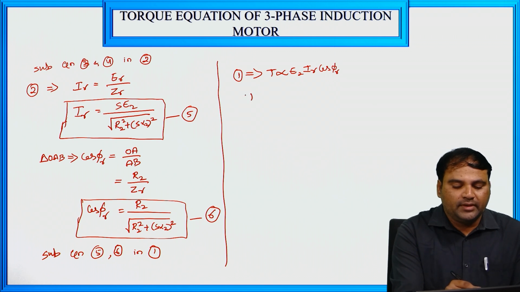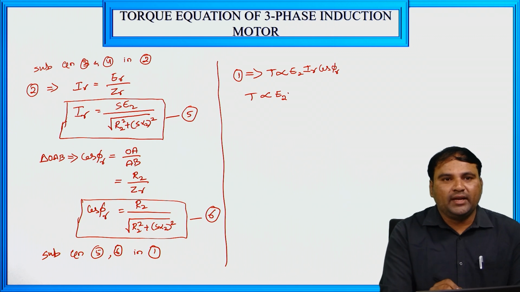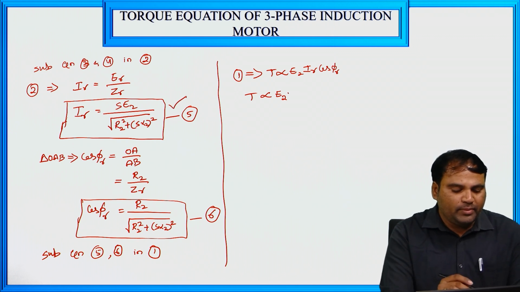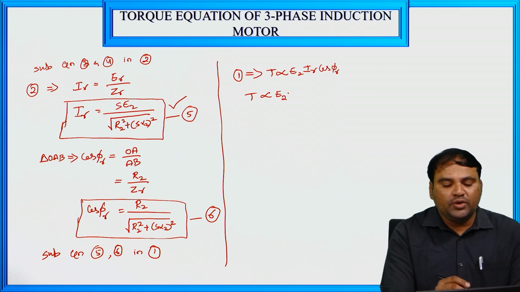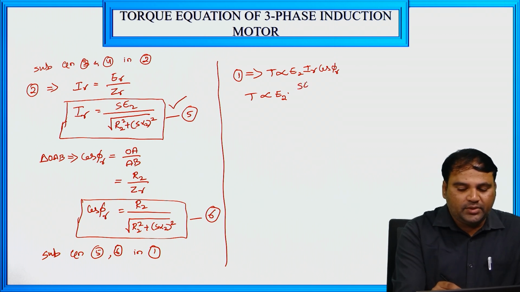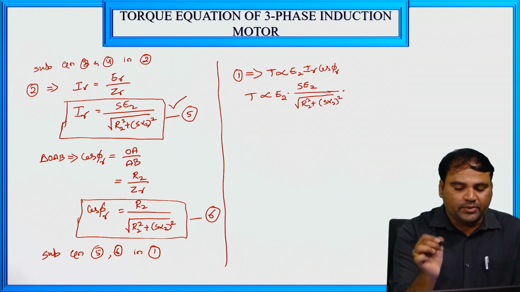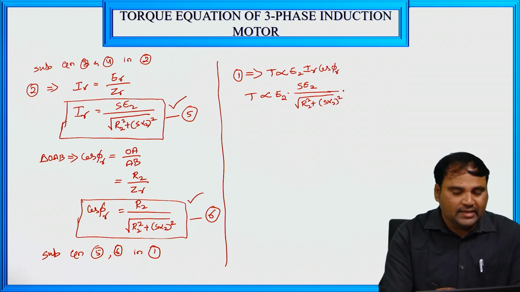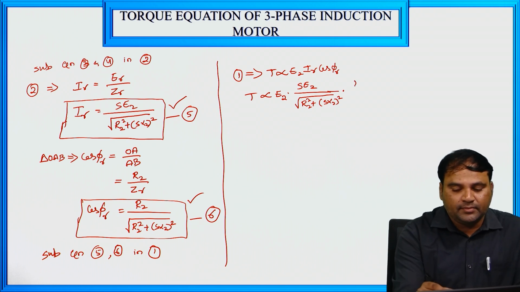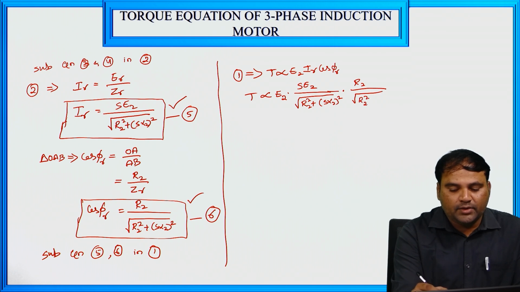So now T is directly proportional to E2 into the rotor current, which is S into E2 by under root of R2 square plus S X2 whole square, into the power factor cos phi r, where cos phi r is R2 divided by under root of R2 square plus S into X2 whole square.